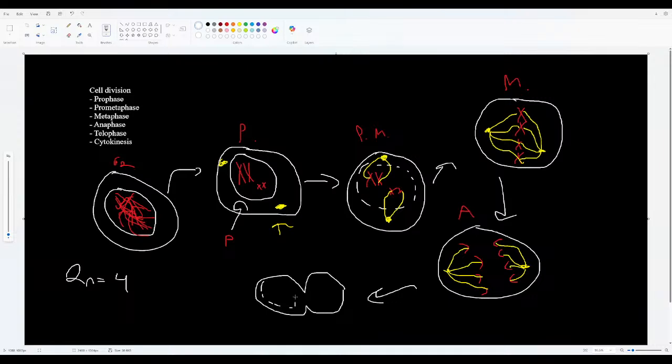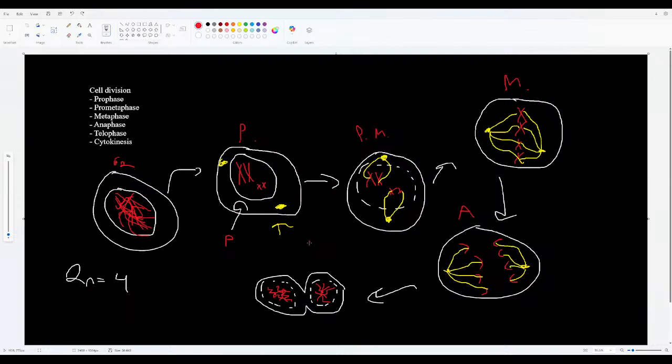And we're going to undo everything we did in prophase and prometaphase, right? We're going to undo everything. So now we're going to decondense the chromosomes. Notice how I'm drawing 4 chromosomes still.